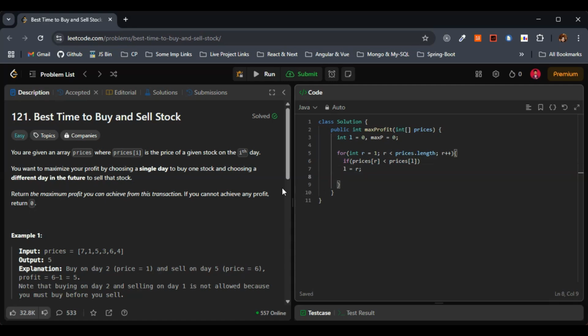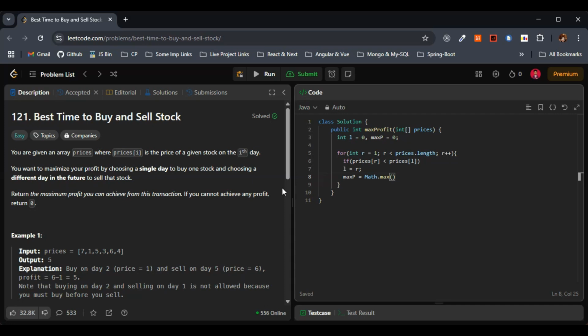Next we have to update the maximum profit if a new profit is found. So we have to check for the maximum profit at each step after finding the minimum price, right? That's what we have to articulate in the form of code. I'll give max P equals Math.max, because we have to find the maximum profit from the list of profits that we got.